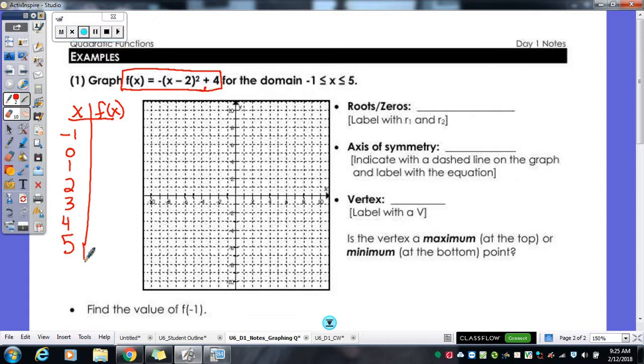So that means you've got to create a table where your x's are going from negative 1 to 5. The other thing that happens, since they gave us this domain right here, you're not going to have any arrows on your graph, because they only want to see that graph from negative 1 to 5. They don't want to see any other parts of that graph, so that graph does not continue at that point in time.